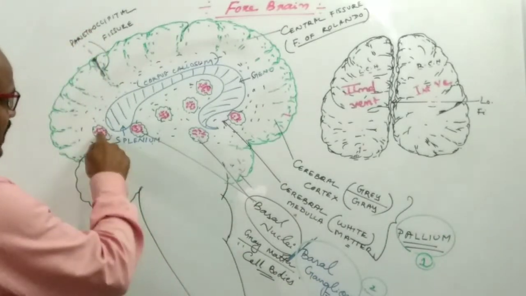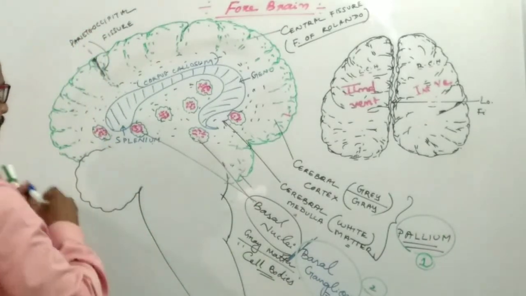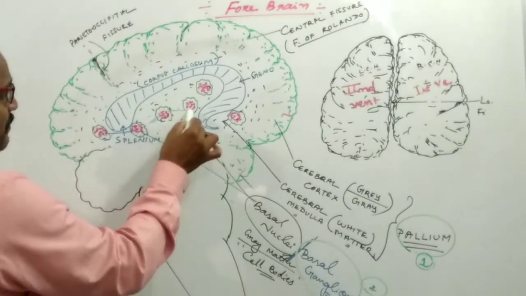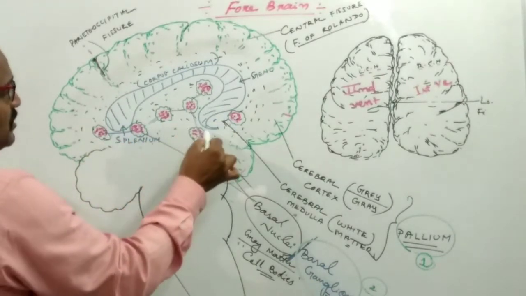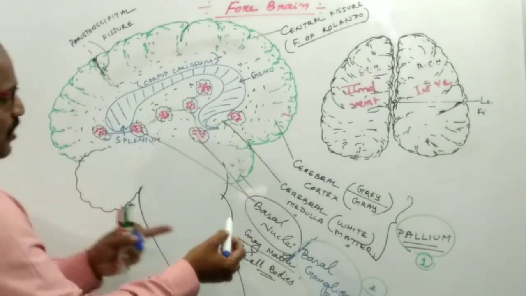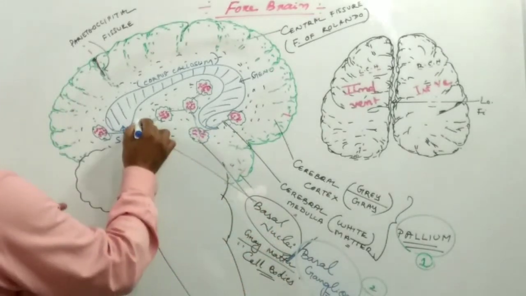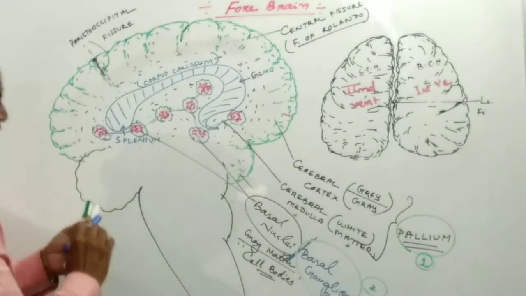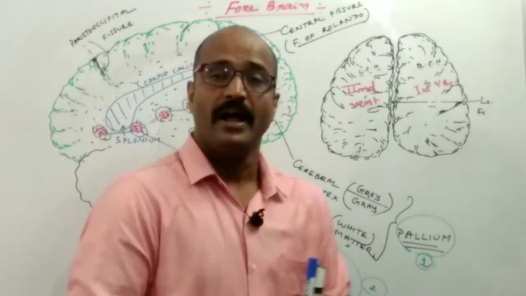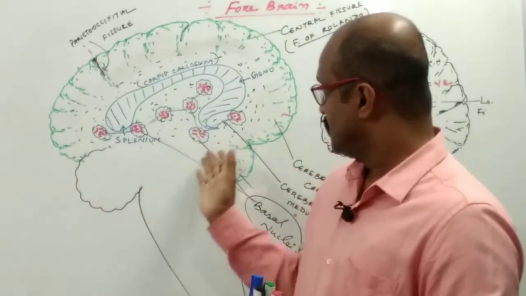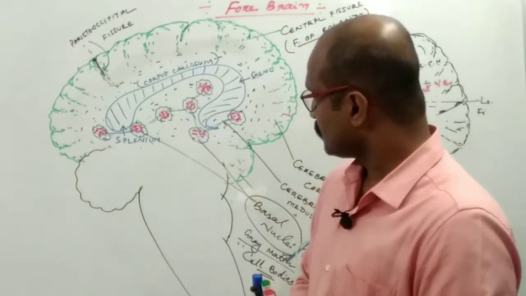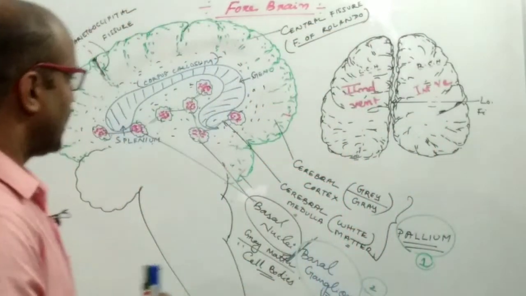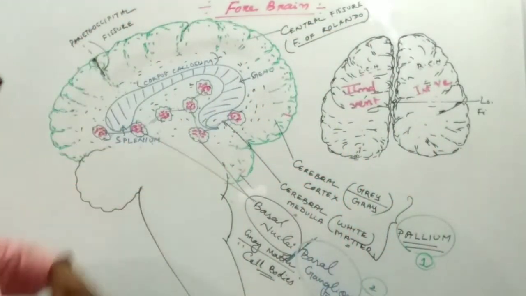Such basal nuclei may be interconnected by different nerve fibers to each other, or interconnected with different parts of the brain like the thalamus and other parts of the diencephalon. So now, what are the different senses present in the different lobes of the brain?